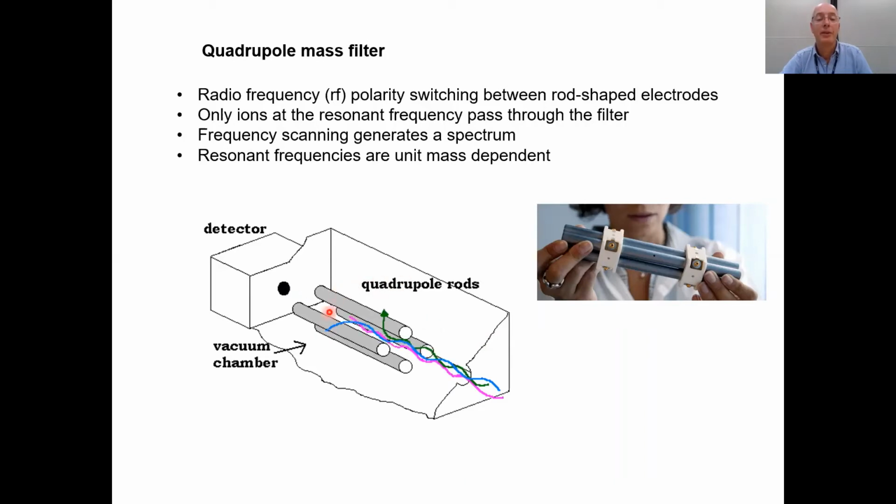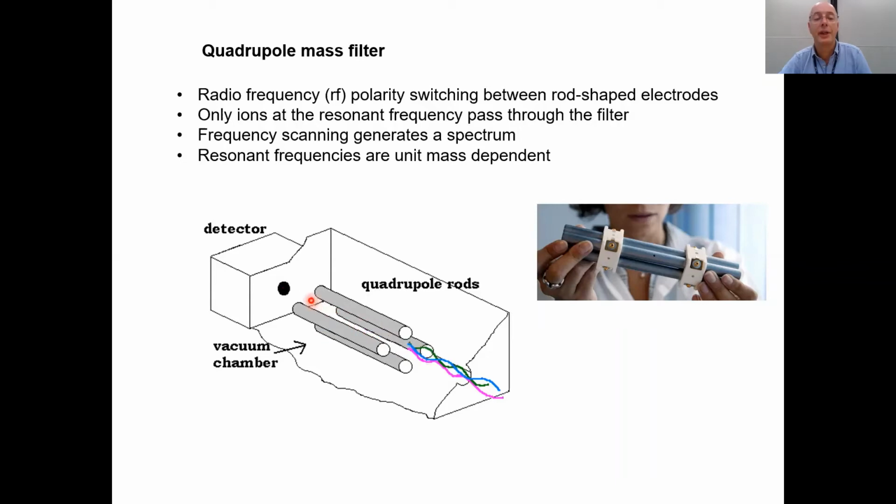So there is a polarity switch between the electrodes at RF frequency, and what happens is as different ions, different masses pass between these electrodes, some ions will be accelerated towards one rod, others will be accelerated to the other. But you can see this purple ion, this is at the resonant frequency of the rods.